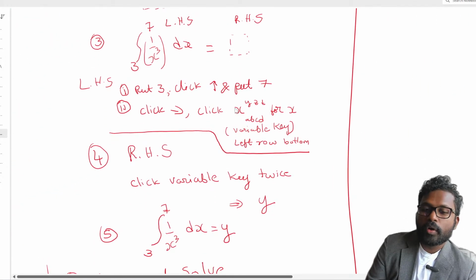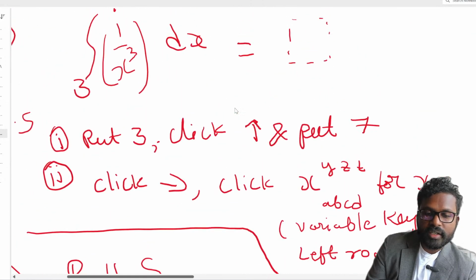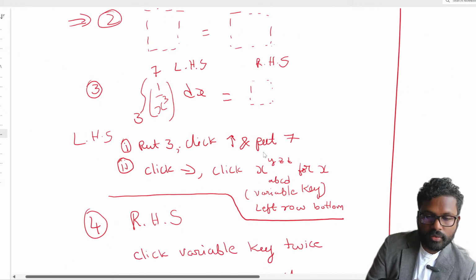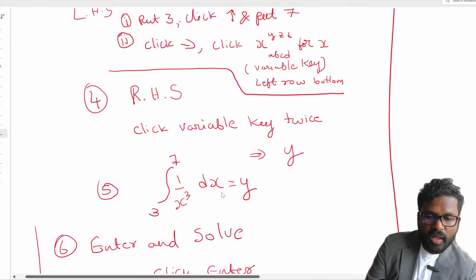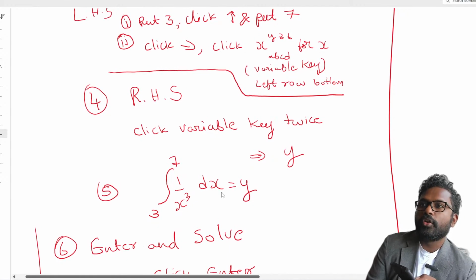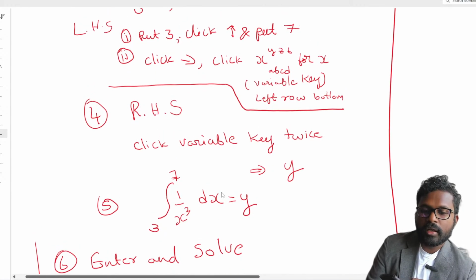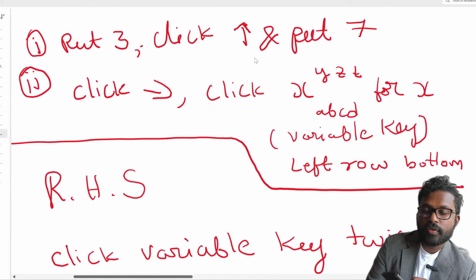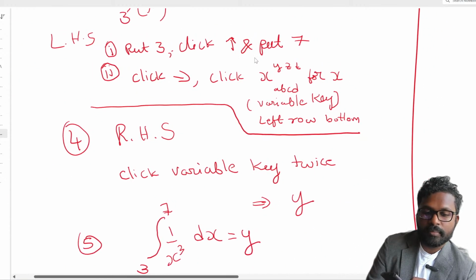If you're wondering what you have to press to do what I just mentioned, here are the steps for you. I won't walk you through all the steps, because at this point in your college, most likely you already know how to use your calculator. But I have written these steps for you just for your reference.